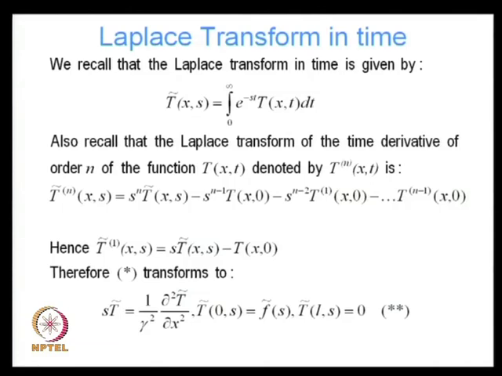If I want to find the Laplace transform of that, then I get s to the power 1 T tilde x s, which is nothing but the Laplace transform of T itself given by that expression, and the value of that function at the initial time, T x 0. So, this is my Laplace transform of the first derivative of capital T with respect to time.